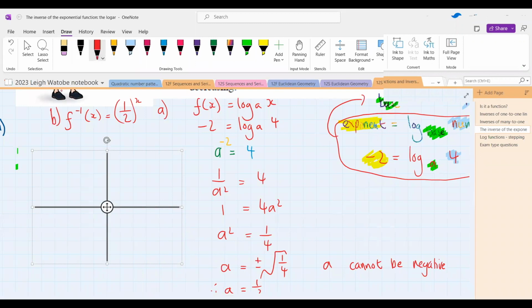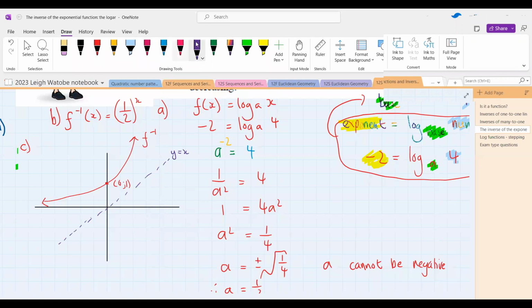This is part C. Now, if I draw my exponential function like that, this is going to be my inverse function in this particular case. That point over there is (0, 1). The other thing that's important for me to always put in is the line y equals x. So let's label that.